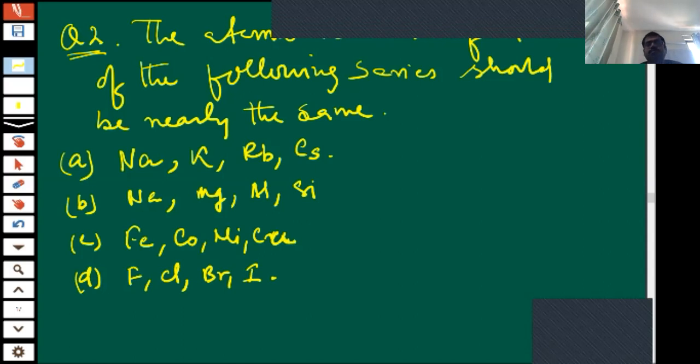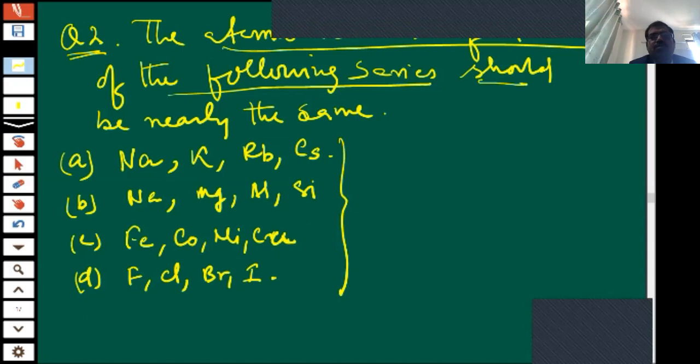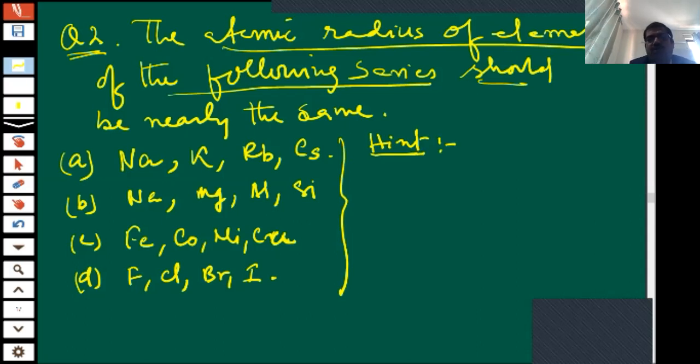See children, the atomic radius of elements of the following series should be nearly the same. What do those who framed this question want to know? They want to know whether you know about Z and sigma.